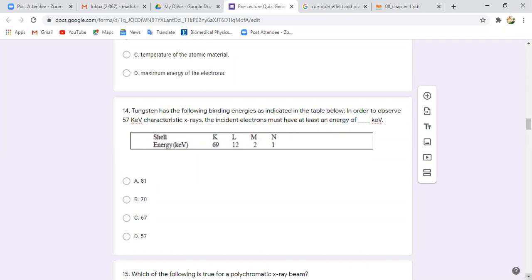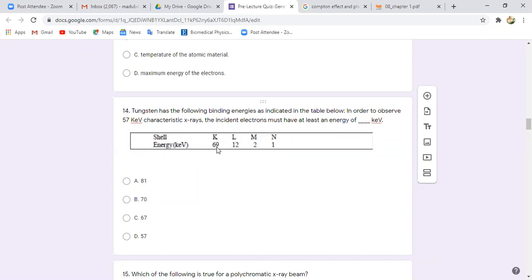Okay. But actually, the least energy has got to do with the transition from 69. Of course, just 70. If you have an energy of 157, the difference between this K and L shell is actually 57.